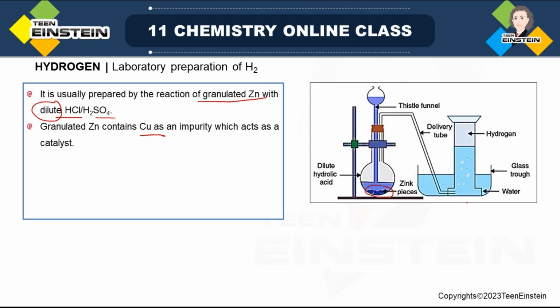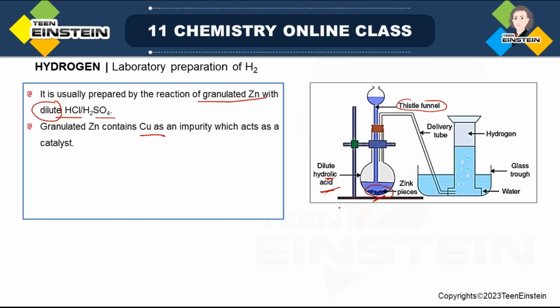Here you can see the arrangement. We have taken dilute HCl or H2SO4, and through this thistle funnel, which is a specially designed funnel that doesn't look like a normal funnel, we add this acid.